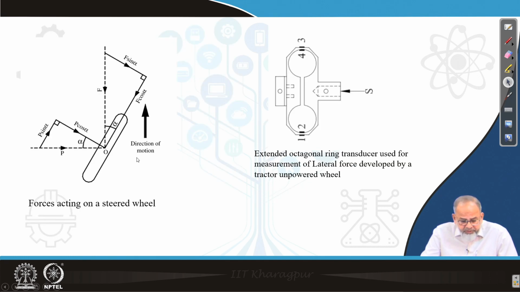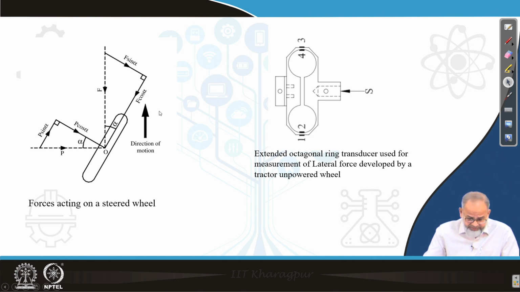I will show a little how the forces are recorded. When you pull the wheel forward, there will be forces acting, and I have resolved these forces. The side force is P cos alpha plus F sin alpha, where F is nothing but the pulling force or the rolling resistance, we can say.